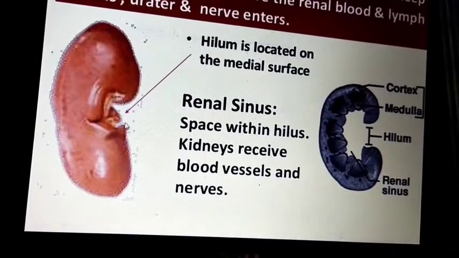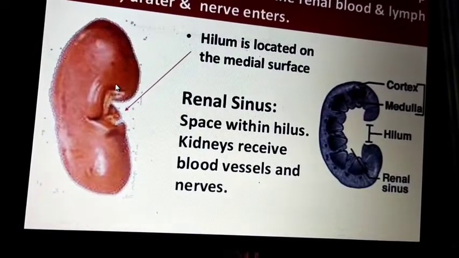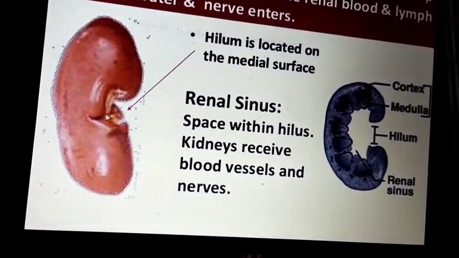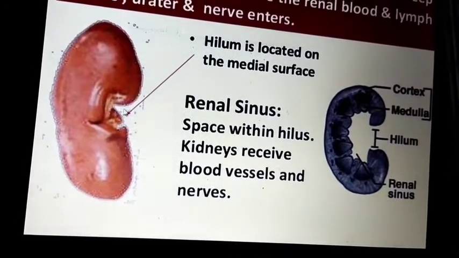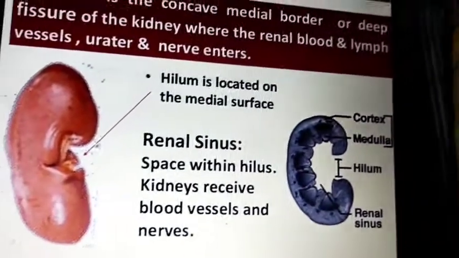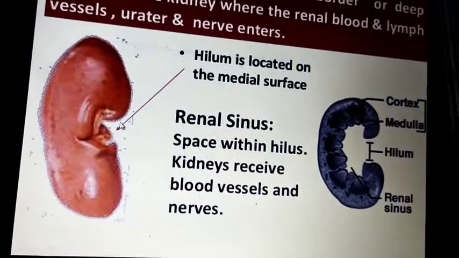This is the hilum, and it is present at the medial border. It is the concavity of the medial border, and from here the blood vessels, nerves, lymphatics and ureter enter and exit.